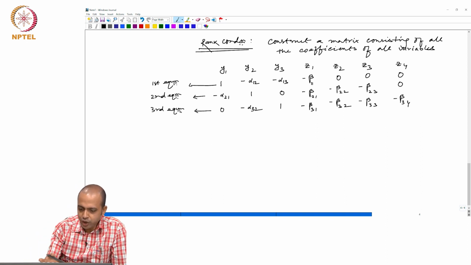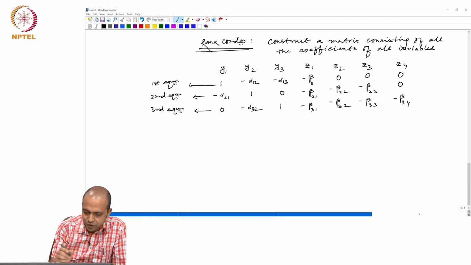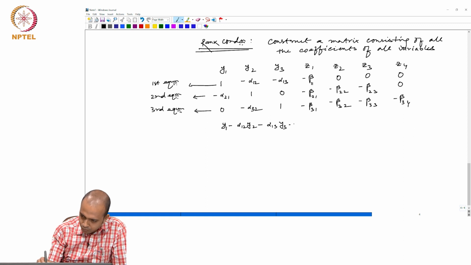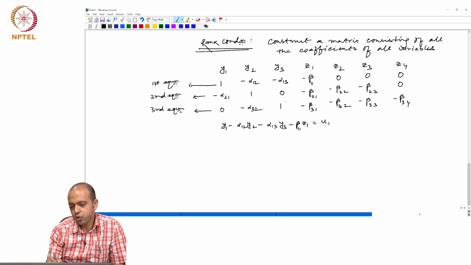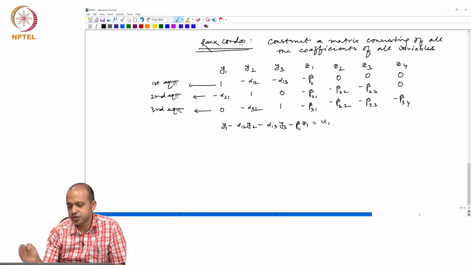Okay, and how am I writing these equations? For the first equation, I am rewriting it as y1 minus alpha 1 2 y2 minus alpha 1 3 y3 minus beta 1 1 z1 equals u1. So, all the equations are written in this format.